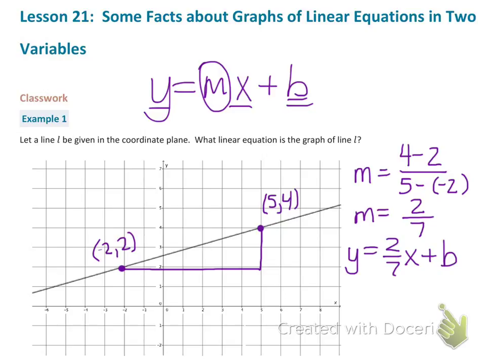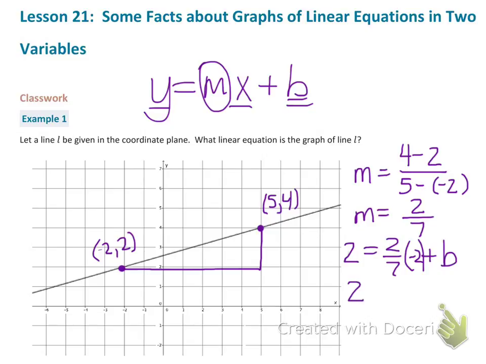I can substitute an xy pair in there, so I'm going to substitute the point (-2, 2). The y goes here, 2/7 times x, where x is -2, plus b. Now I have an equation where all I need to do is solve for b.